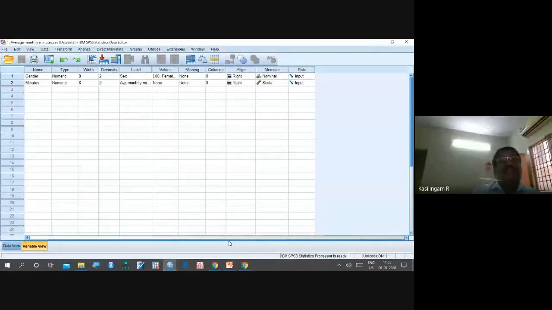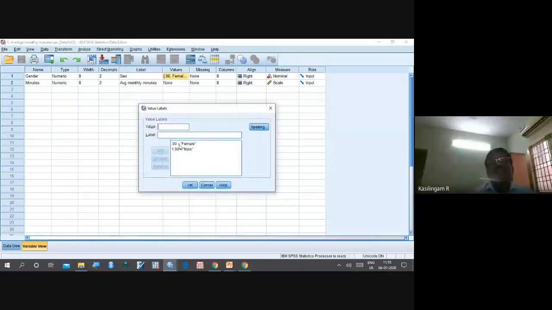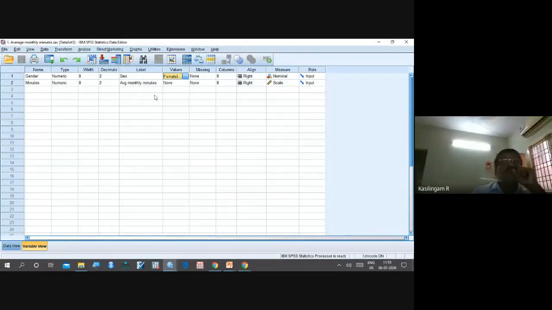The data set contains two variables. One variable is sex, another variable is average monthly minutes. Sex contains two categories, 0 for female, 1 for male.